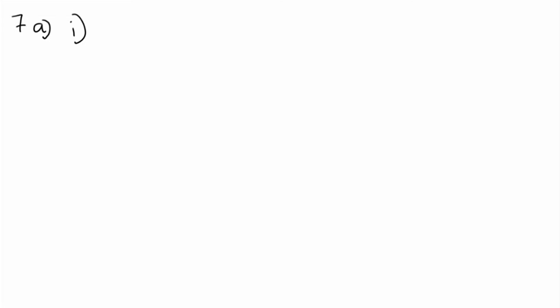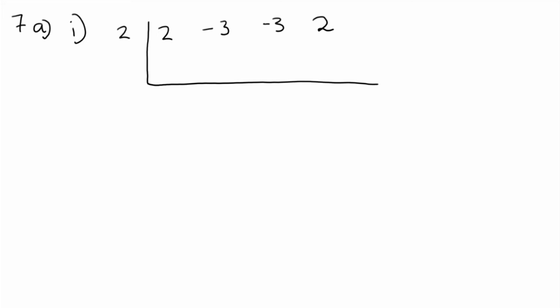Okay, we're going to show that x minus 2 is a factor. So if x minus 2 is the factor, you make sure you put the positive 2 on the L shape. And if you've got any terms missing, make sure you put a 0 for their coefficient. There's no zeros to be put here, but just bear that in mind. That comes up quite a bit. Okay, so just bring the 2 down below and then do 2 times 2 is 4.